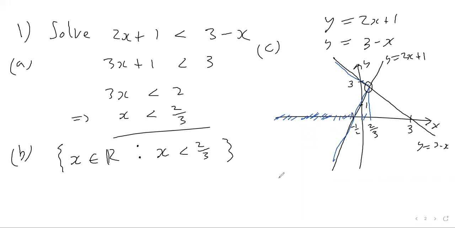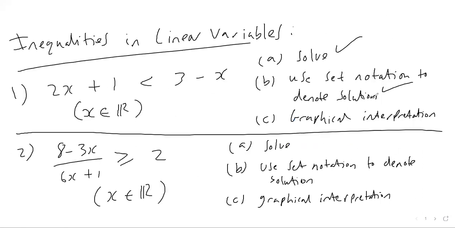So the graphical interpretation is this: when x is less than 2 over 3, the graph y equals 2x plus 1 is less than y equals 3 minus x, and we can see that graphically. That's the graphical interpretation for question 1. Let's go on to question 2 then.